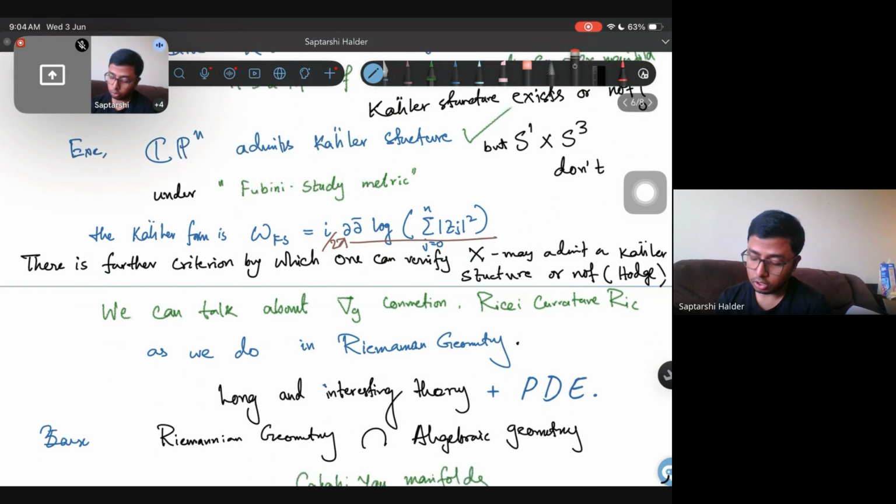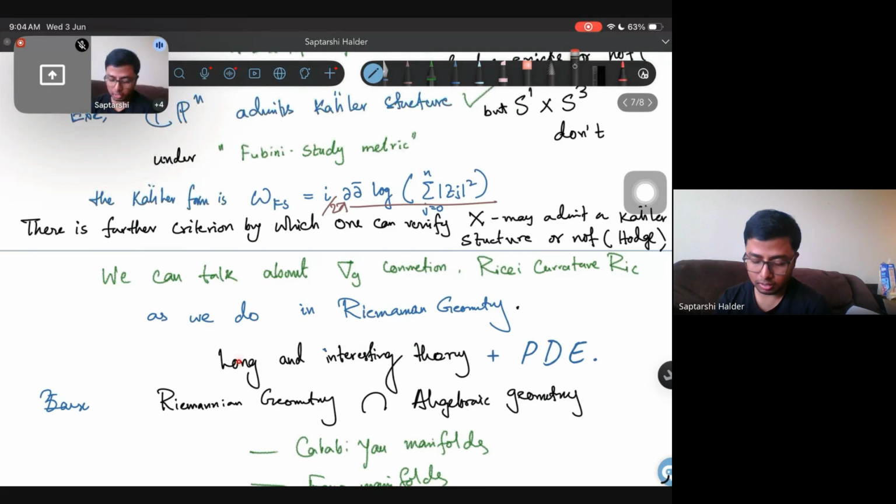Okay, so there is a long theory. It basically turns into multiple concepts: Riemannian geometry and algebraic geometry. There are two points of view of doing these complex geometries. In the Riemannian geometry setup, the PDE, the partial differential equation, comes more frequently, and it's an extensive tool to study these things.